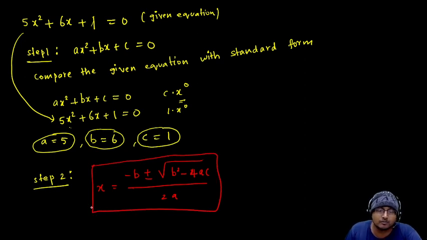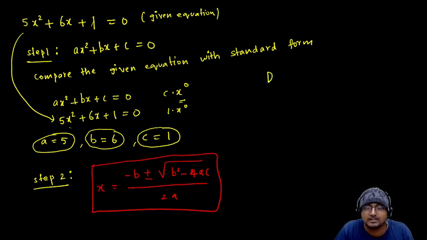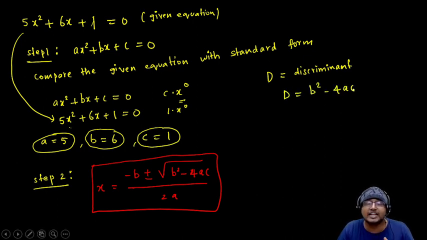So this is our formula. In this we have to substitute our a, b, c terms. First of all, we know the discriminant. What is the formula of discriminant? Discriminant d is equal to b square minus 4ac. So that we will know the nature of the roots.